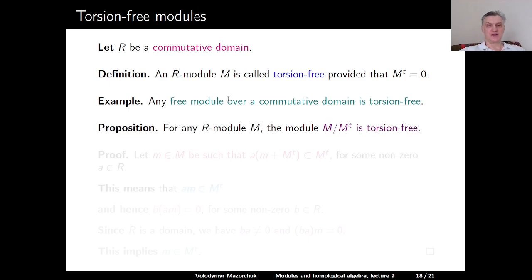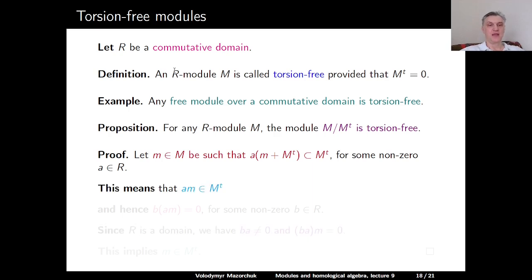Proposition: for any R module M, the quotient of this module by its torsion part is torsion-free. Proof: let M be an element in M such that the corresponding class in the quotient is a torsion element. So there exists a non-zero element A in R such that A applied to the class M plus the torsion part goes into the torsion part.